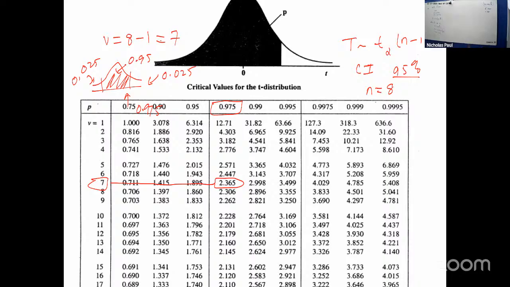Just write down that quick little thing. Remember your degrees of freedom is n minus 1.